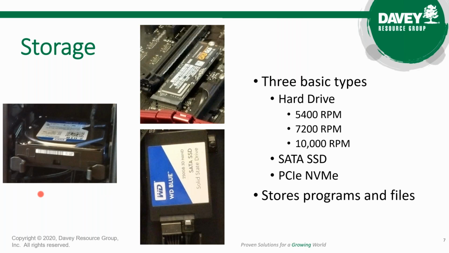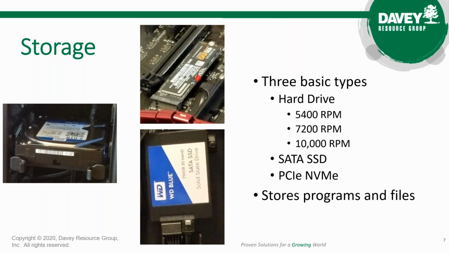So what I would recommend for a GIS workstation is you want at least your boot and application drive to be one of these PCIe NVMe drives. As you can see, it kind of looks like a memory stick here. They have the best performance out there. They're at least 2 times or more as fast as even a traditional SSD, depending on which version you get.